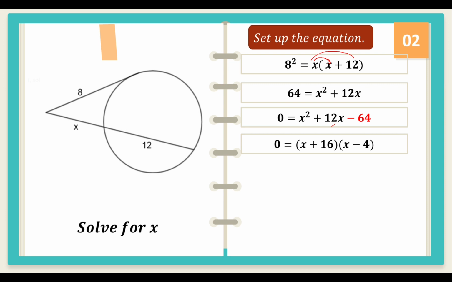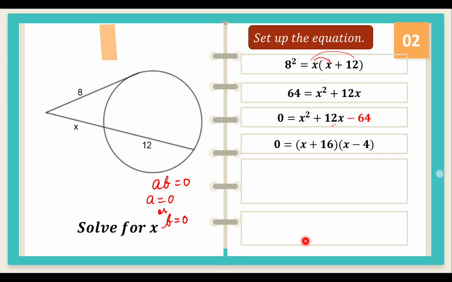Then again, we apply the zero property, wherein if a multiplied by b is equal to 0, then a must be equal to 0 or b must be equal to 0. So we take one of the factors. We have x plus 16, and we equate that to 0. Transferring 16 to the other side, we come up with x is equal to negative 16.